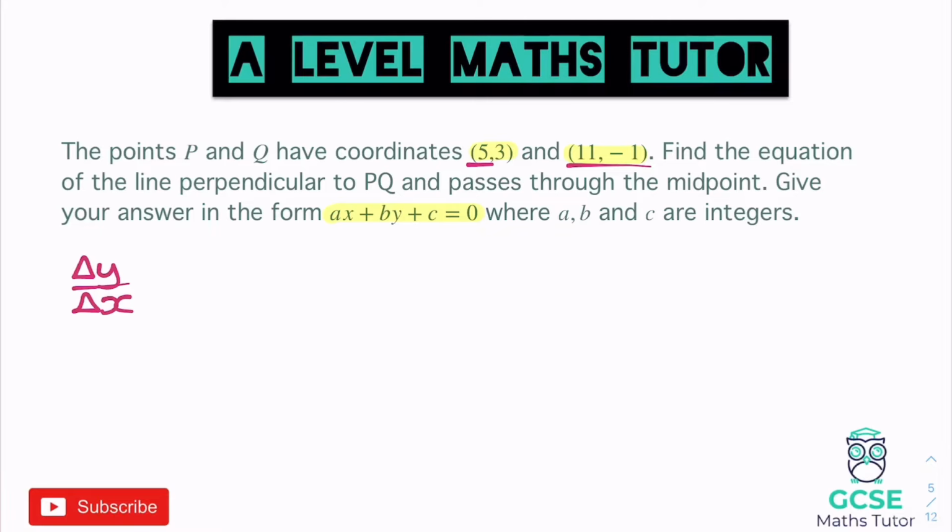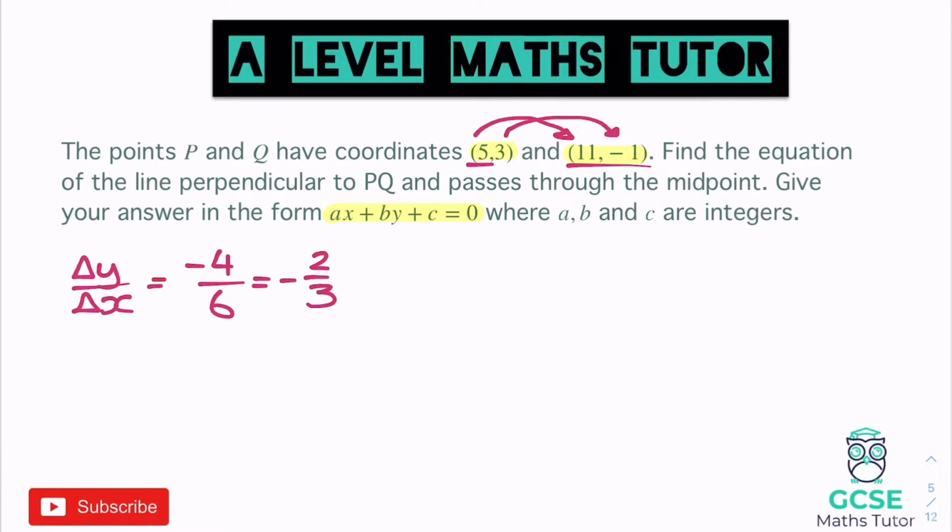Now the change in y goes from 3 to minus 1, and that is a change of minus 4. So minus 4 is going to be our change in y, and our change in x goes from 5 to 11. So from 5 to 11 is 6. So we have negative 4 over 6, and if we simplify that, that's negative 2/3. So the gradient of the line PQ is negative 2/3.